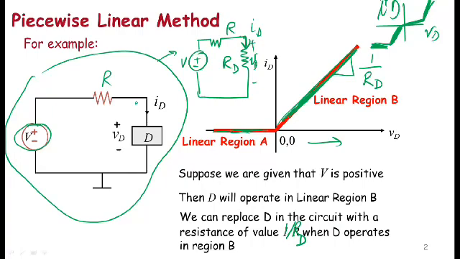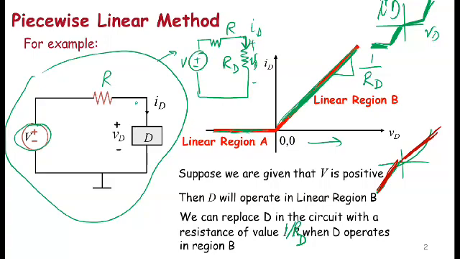Either way, whether the device you're given is itself piecewise linear, or whether you've taken a nonlinear curve, for example some nonlinear curve that looks like this, and replaced that curve with a piecewise linear function that looks like this, then I can use those regions and solve my circuit.